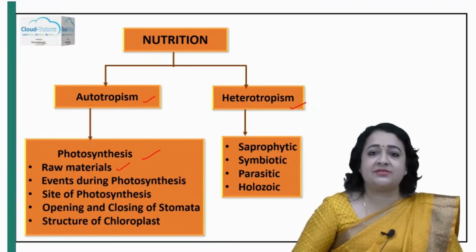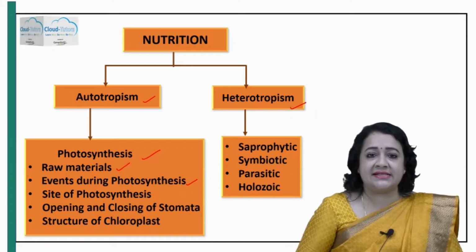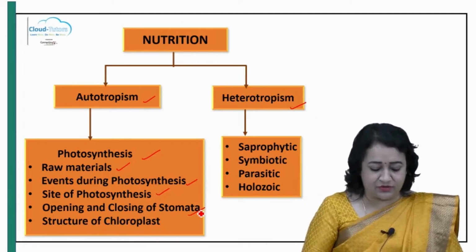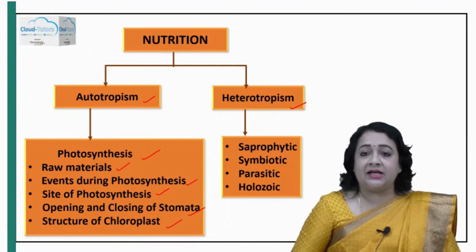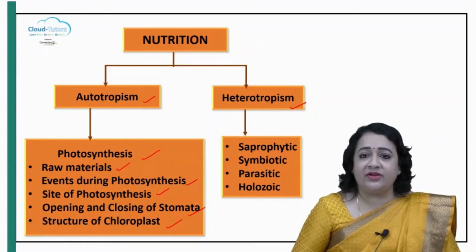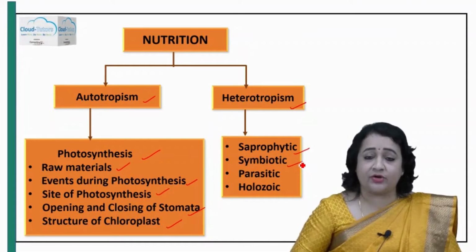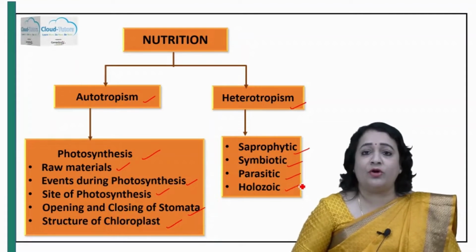The raw materials for photosynthesis, events during photosynthesis, site of photosynthesis, opening and closing of stomata, structure of chloroplast. Under heterotrophism, we will be studying about saprophytic, symbiotic, parasitic and holozoic mode of nutrition.